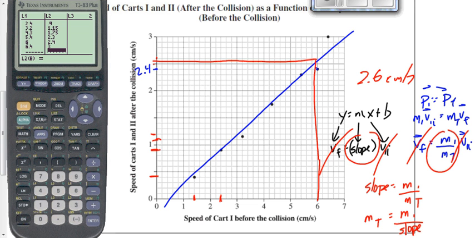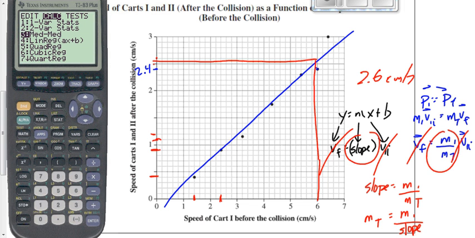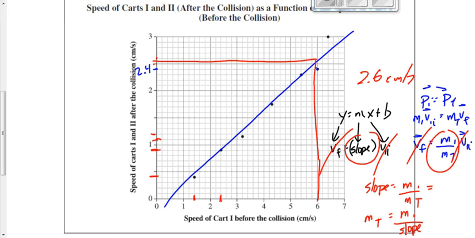Remember, you hit stat, edit. Now it's going to be stat, calc. Option 4, linear regression. Keep hitting enter until you get a number here. My slope is 0.485. So I'm going to take the first mass that I got, which was 1.54, and divide it by 0.485.